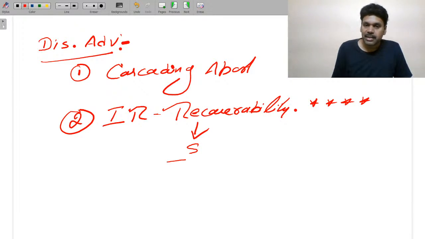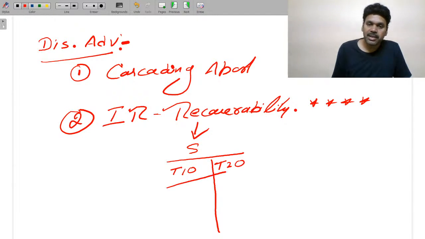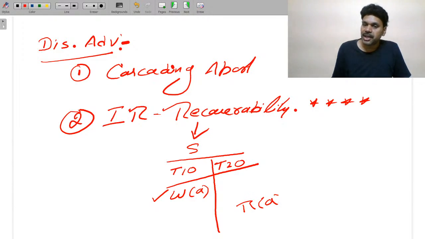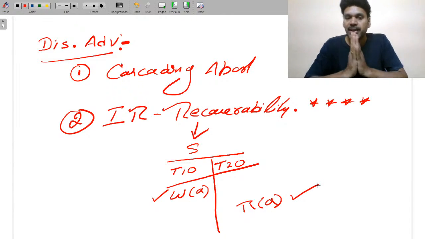What is that? There is a schedule S, transaction T10 and transaction T20. I am saying W of A. This is granted. T20 just reads A. This is also done. Please observe carefully, friends. This example is very, very important.